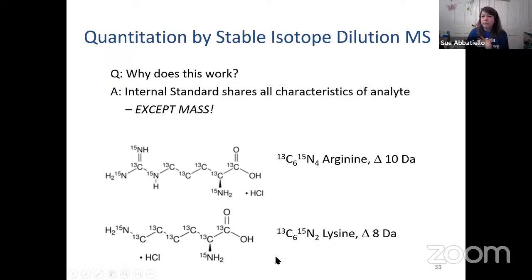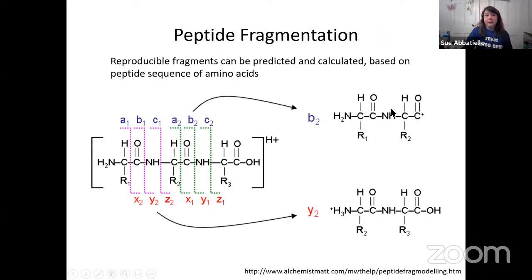And so the majority of the peptides in our samples digested with trypsin have lysine or arginine on the C terminus. We can label the carbons and the nitrogens in these amino acids and synthesize peptides for the peptides we want to target, and then spike them in known quantities. And so this came together in the mid 2000s and made it really cool because it just worked.